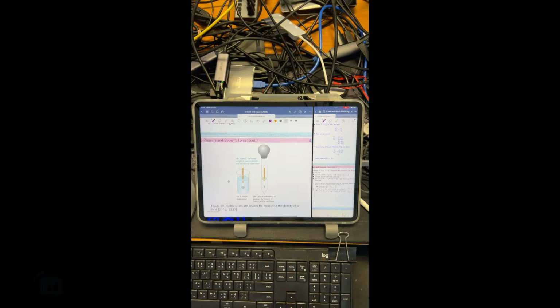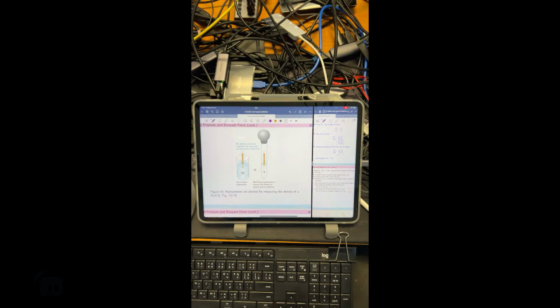And with the buoyant force, they also built a measurement device which is called a hydrometer. A hydrometer is a device to measure the density of something, some object or some fluid. Here is the hydrometer, and you fill it.